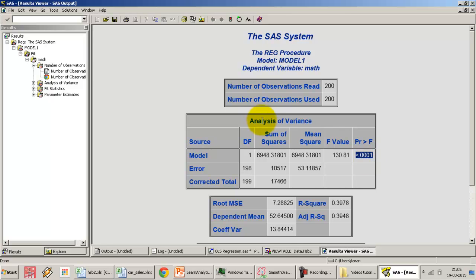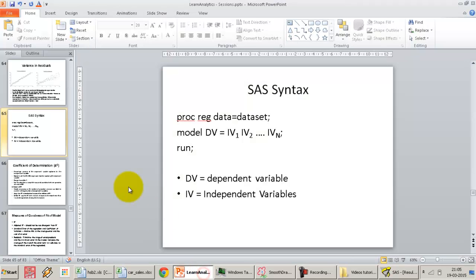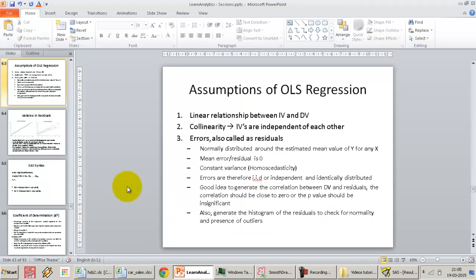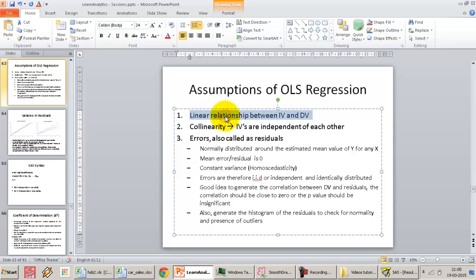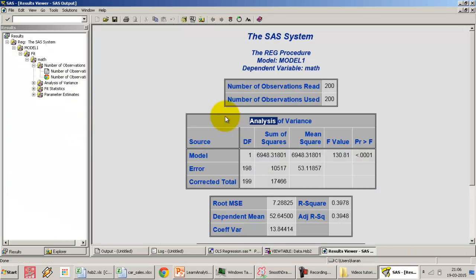So the null hypothesis for ANOVA is that we are testing the first particular assumption. If I look at OLS regression and the assumptions, the first assumption is that there has to be a linear relationship between independent variables and the dependent variable. So what we are testing over here is whether the first assumption holds true or not.